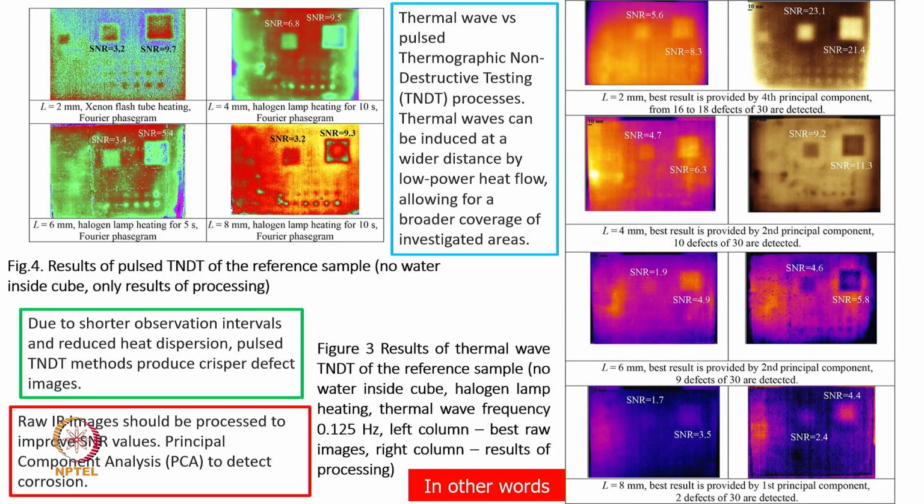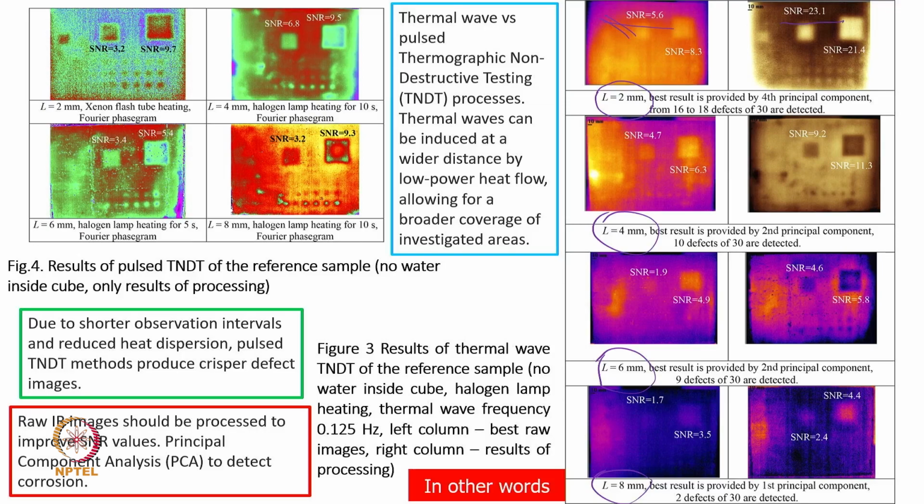So, this is what they have shown, and then they presented a number of thermographic images which I am trying to show. They used tank thicknesses of around 2 mm, 4 mm, 6 mm and 8 mm. So, they varied the thickness of the tank, and then they took some images. Initially the raw images had a signal to noise ratio of 5.6, but after processing it increased to 23.1.